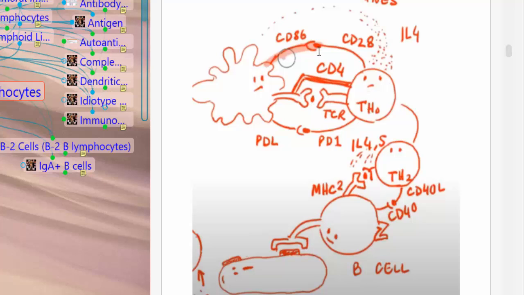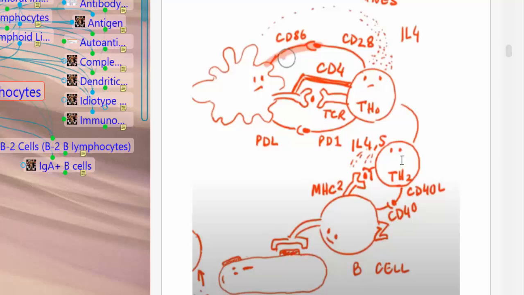It's got an arm that it can connect with that antigen to learn about it. And then there are all kinds of other components, other kinds of cytokines circulating here that are going to influence what happens to that naive T cell after it connects with the antigen. If interleukin 4 happens to be present, then it's going to turn into a Th2 helper cell.